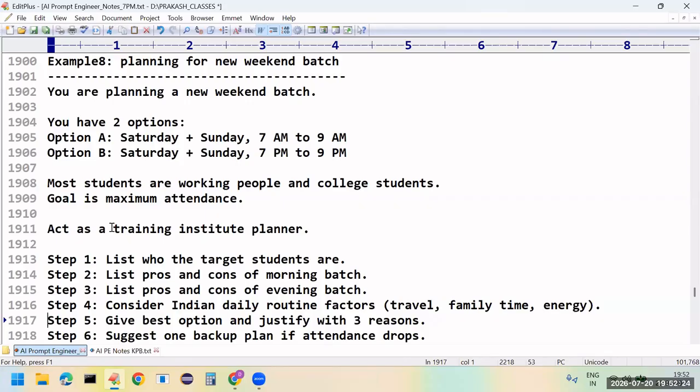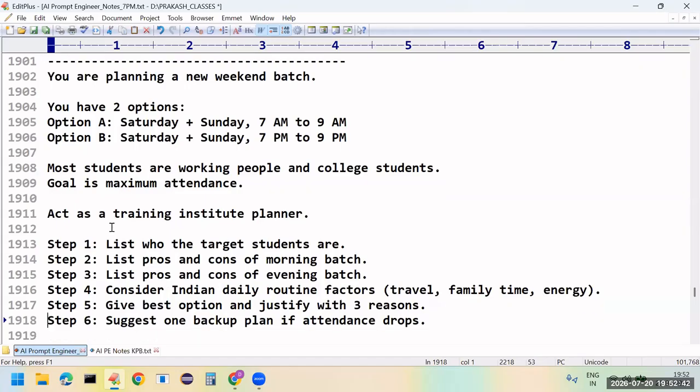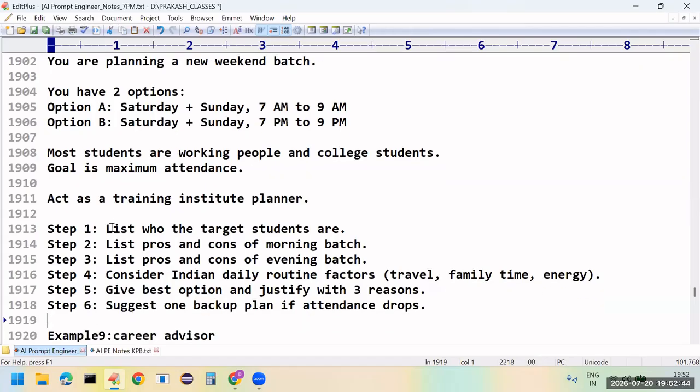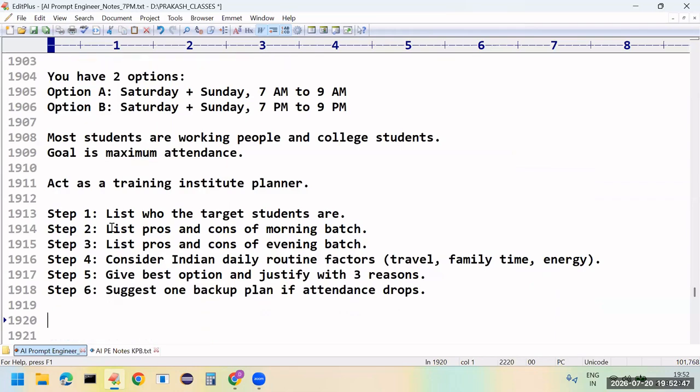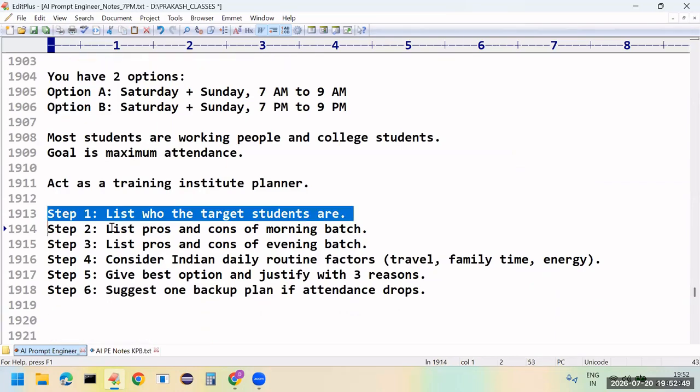Option A, Saturday plus Sunday, morning 7 a.m. to 9 a.m. Option B, Saturday and Sunday, 7 p.m. to 9 p.m. Most students are working people and college students. Goal is maximum attendance. Act as a technical institute planner. Now, list who the target students are.